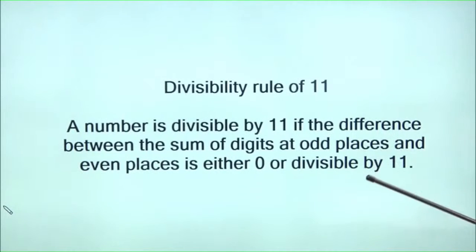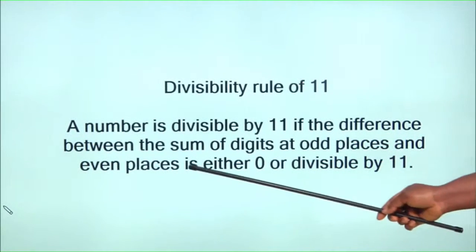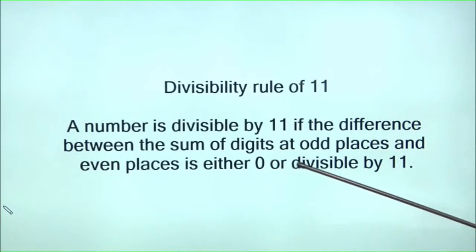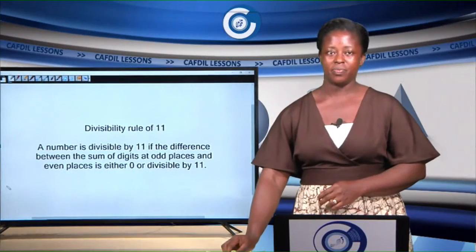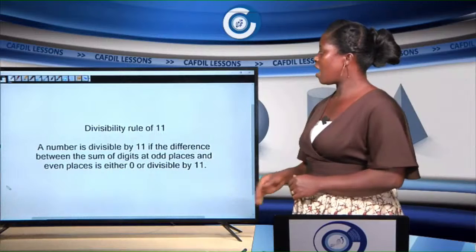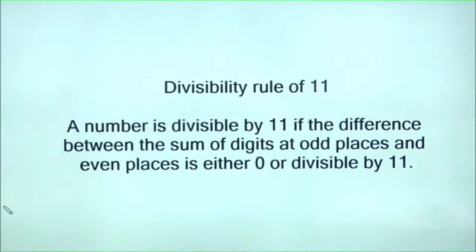So we are going to look at the sum of digits at the odd places and the even places. If the difference is either 0 or divisible by 11, it means that number is divisible by 11. For the rule, I'll give you a minute to copy it into your exercise book.